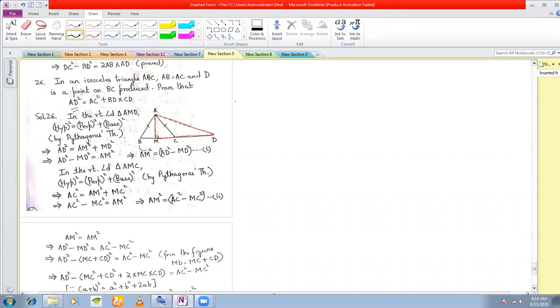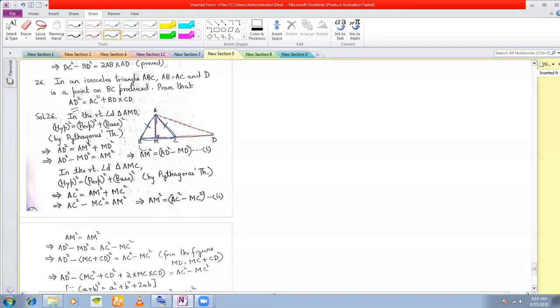Also before starting, there's one more thing you must see here: this blue triangle, this isosceles triangle ABC, is not a right angle triangle. It has two sides equal, and this is a perpendicular.